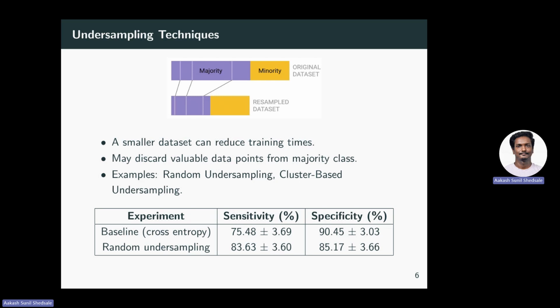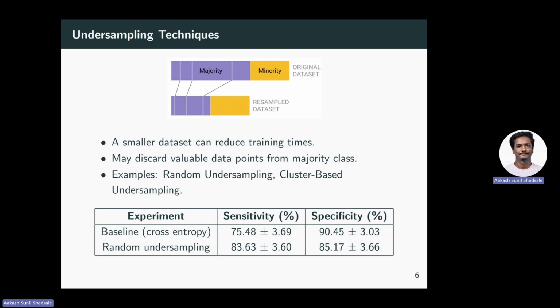Then in pre-processing techniques, first is undersampling the majority class. Since the majority class is undersampled, it leads to a smaller dataset, which can reduce the training time, but it may discard valuable data points from the majority class. Examples include random undersampling and cluster-based undersampling. On the considered dataset, whose description I showed you previously, with the baseline, that is just using cross entropy loss, I got a sensitivity of 75.48 and specificity of 90.45.